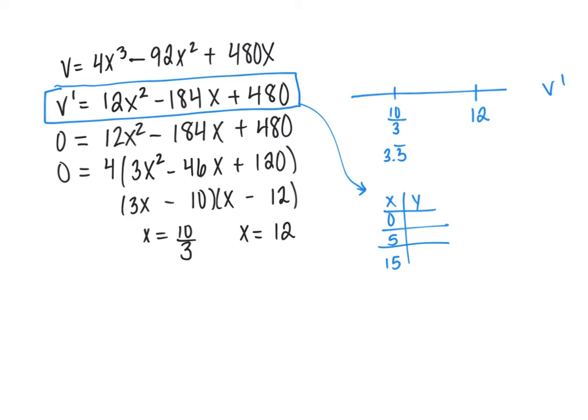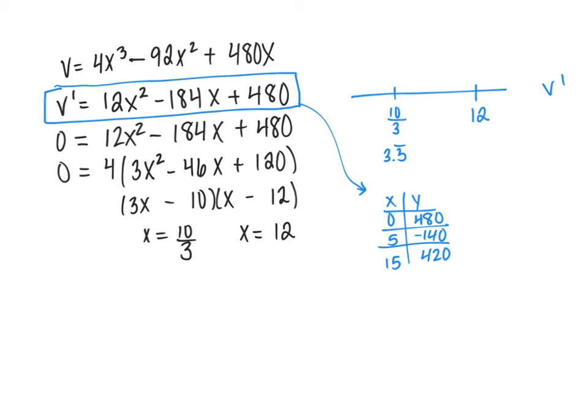So take a minute, put that into the calculator, and get me those y values, and hit resume when you're ready for the answer. So 0, I got 480. 5, I got negative 140. And 15, I got 420.